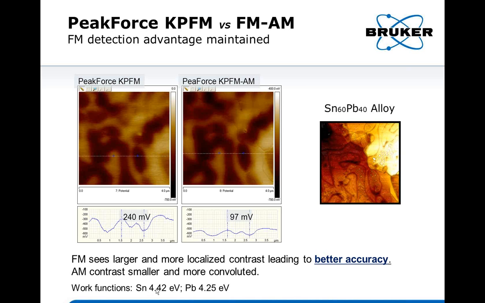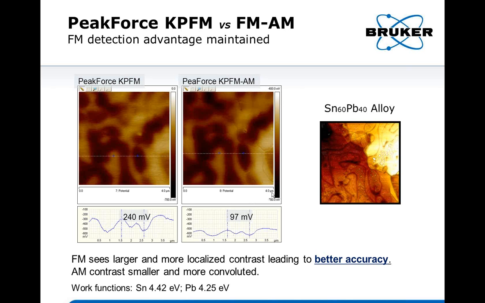We know for tin, the work function is 4.42 eV. For lead, it's 4.25 eV, so the difference should be around 200 millivolts. That's what we see with PeakForce KPFM. But on the PeakForce KPFM AM side, we read only less than half of that.